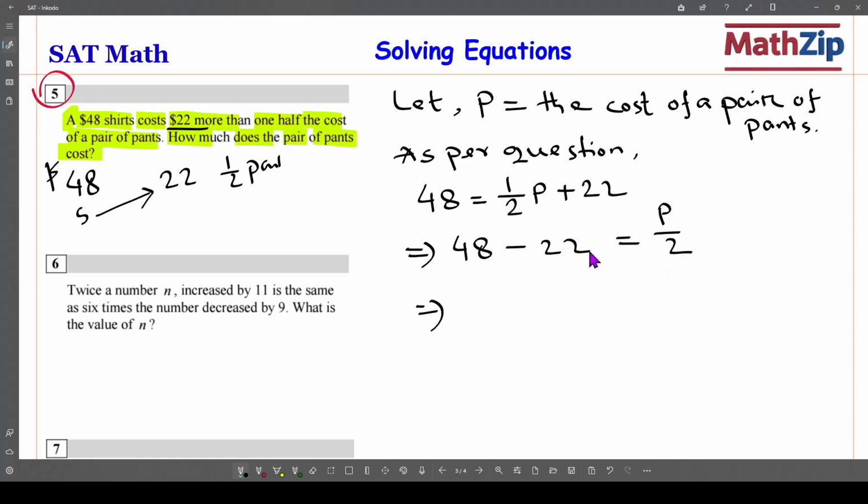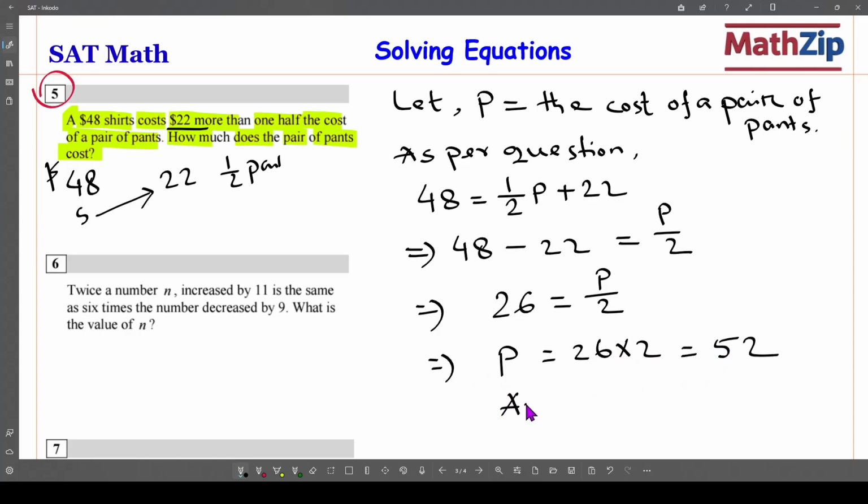Then 8 minus 2 is 6, 4 minus 2 is 2, so 26 equals P by 2. Right, now just cross multiplication: P equals 26 times 2, which equals 52.